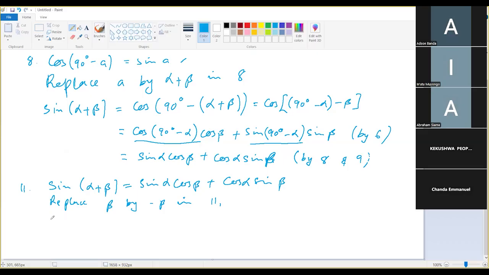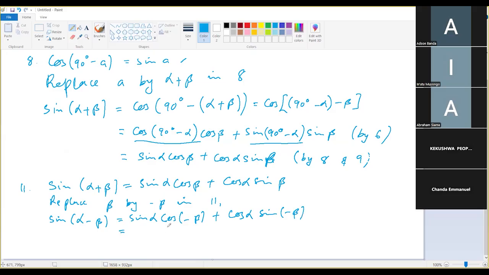So we have sine of alpha minus beta will be equal to sine alpha, the cosine of minus beta, plus cos alpha, and the sine of minus beta.